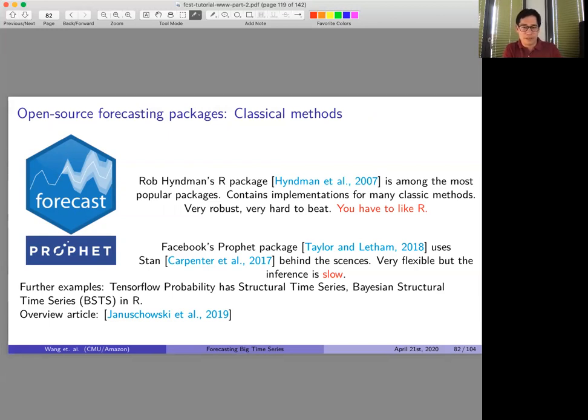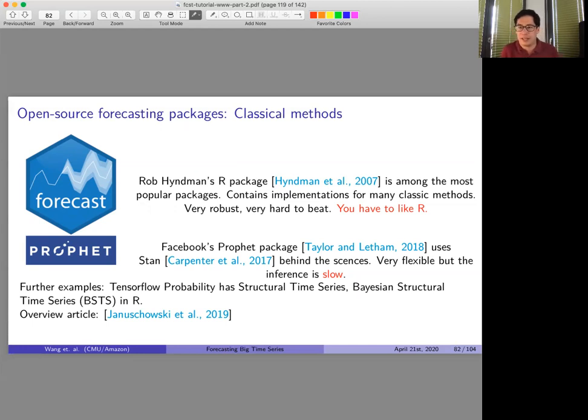Prophet is a forecasting package developed by Facebook that is a bit more recent. It has Stan as its backend. It's quite flexible, but a bit slow also. It has an R front end, but also a Python front end. And then there are other examples.